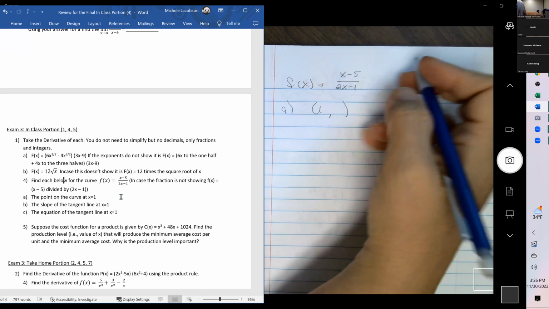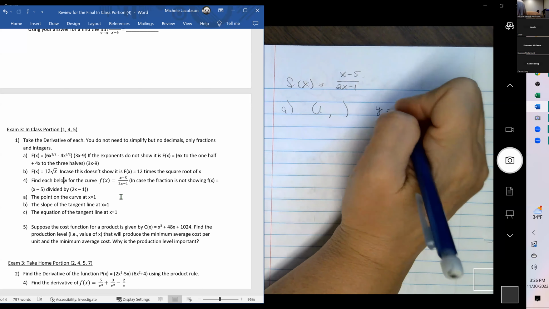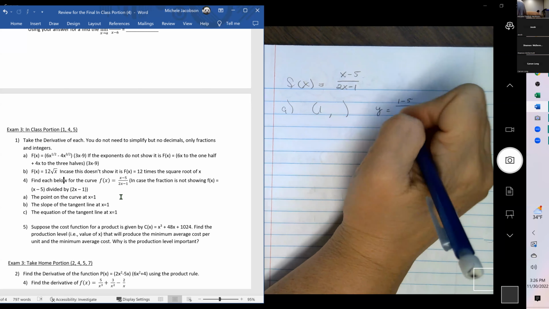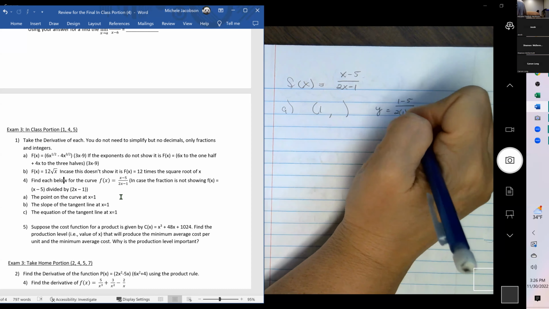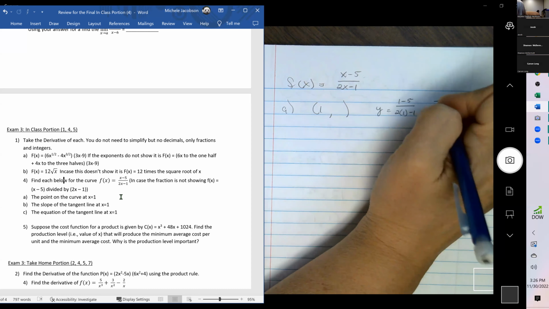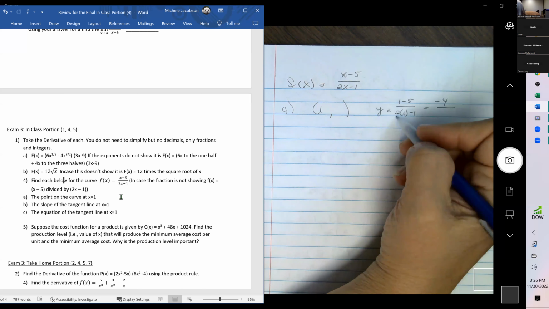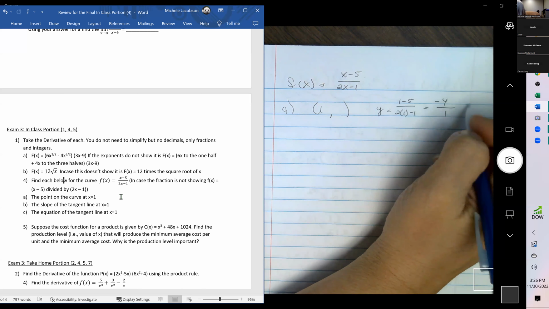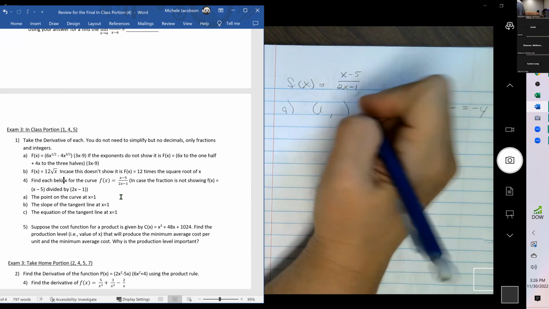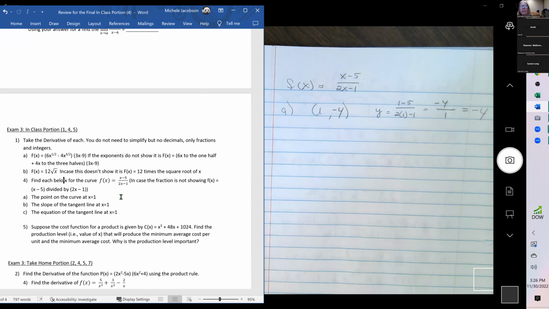Just plug in 1: 1 minus 5 over 2 times 1 minus 1. 1 minus 5 is negative 4. 2 minus 1 is 1. So the point is (1, -4).